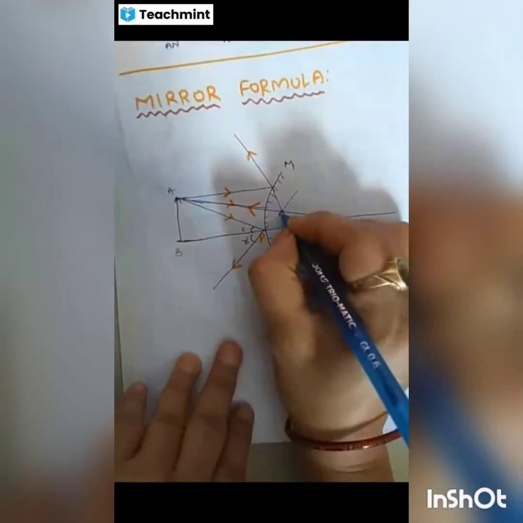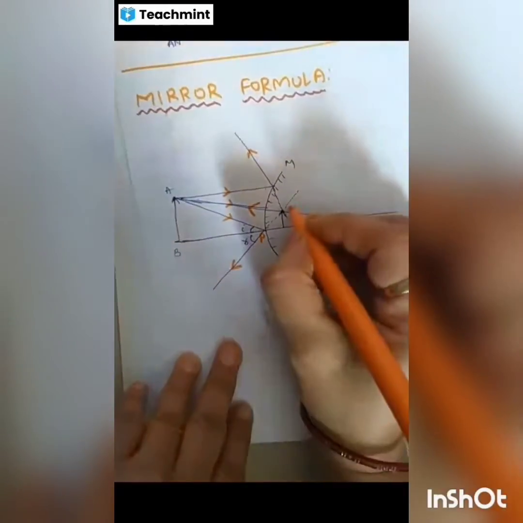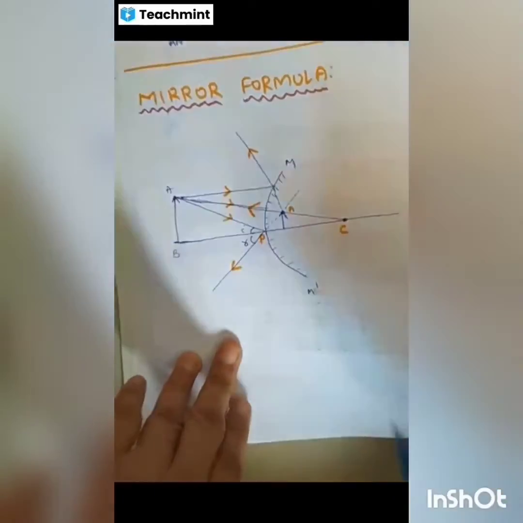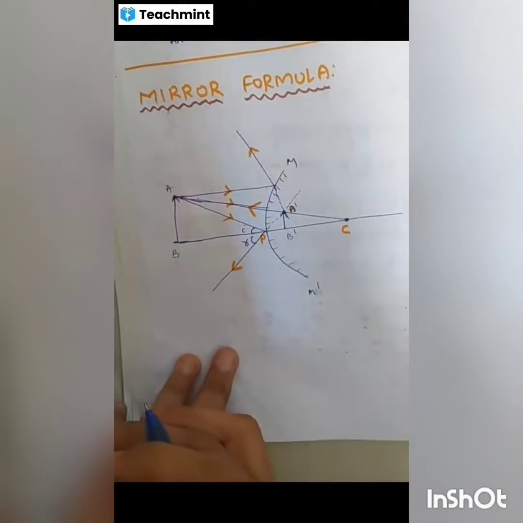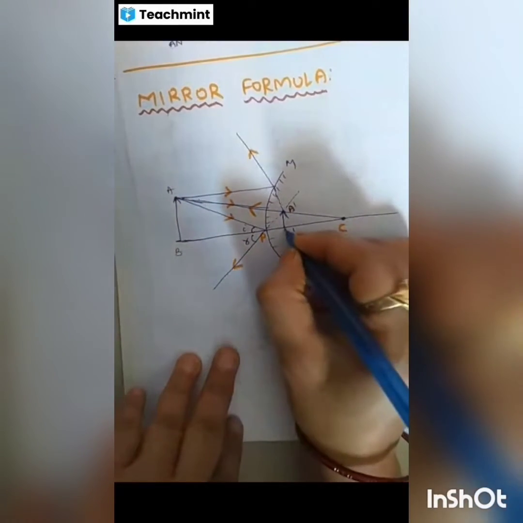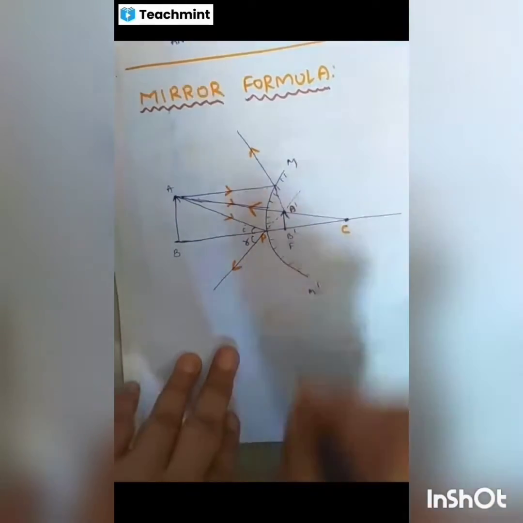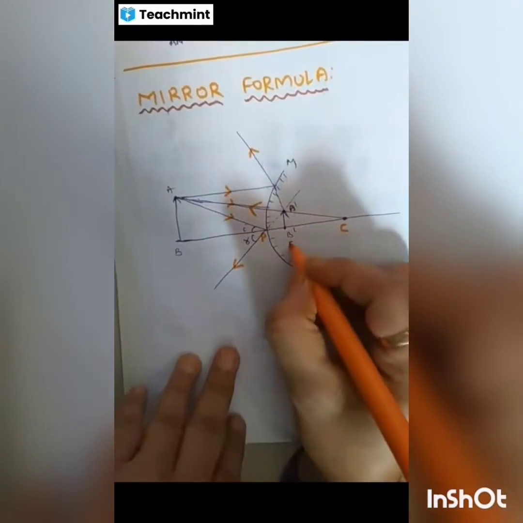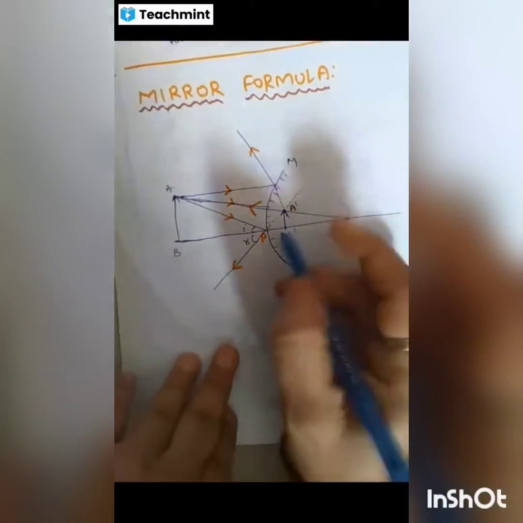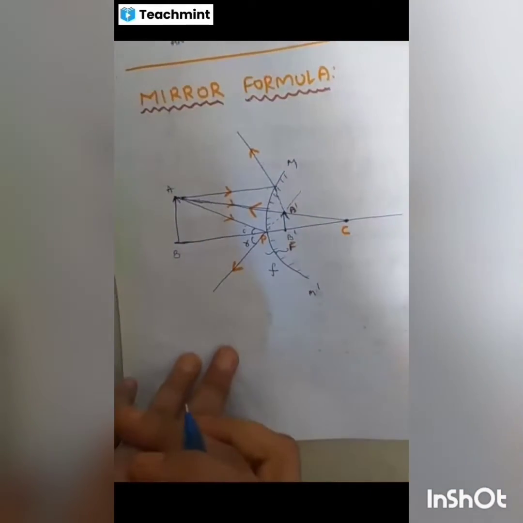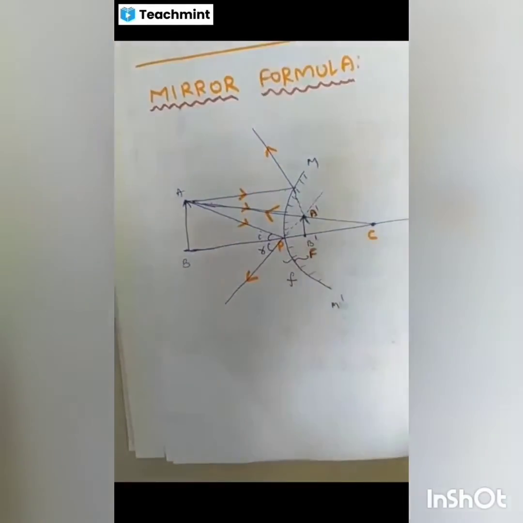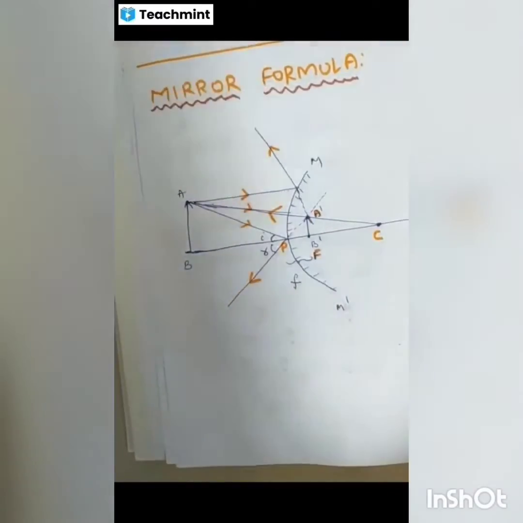We can write this as A dash B dash. And this is nothing but the focus. This point is nothing but the focus, and P to F is nothing but the focal length. So simply we get the ray diagram very easily.